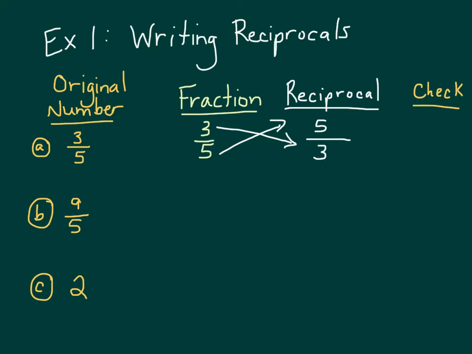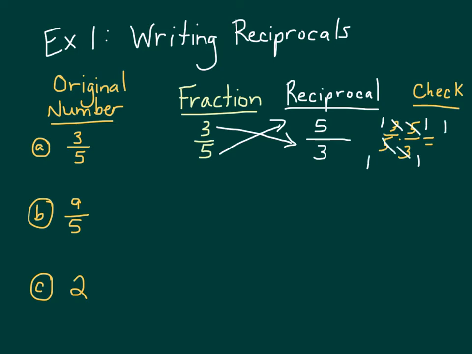Then we can check that by multiplying them and making sure that they come out to be 1. You won't have to do this step every time, but it shows you how that definition works, that the product of them is going to be 1. Because if we multiply fractions like we normally do and cross simplify, if you divide both 3's by 3, those become 1's, and then in the other direction you can divide out both 5's by 5, so those become 1's.